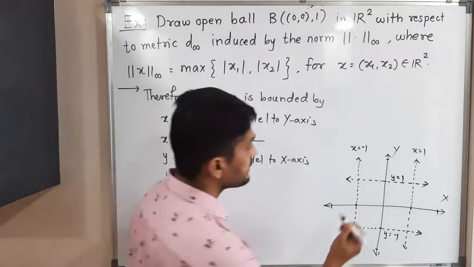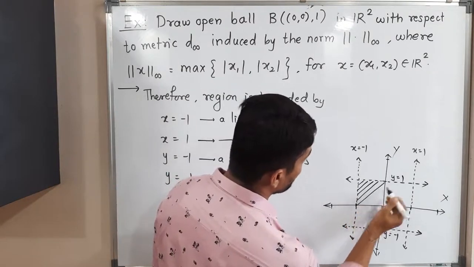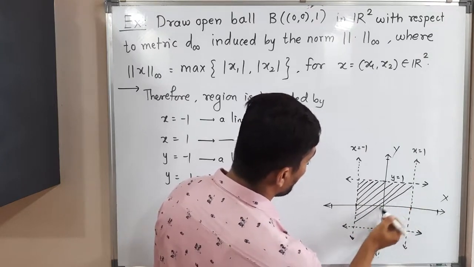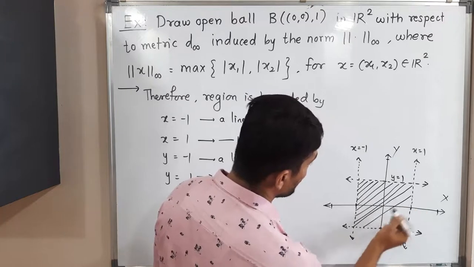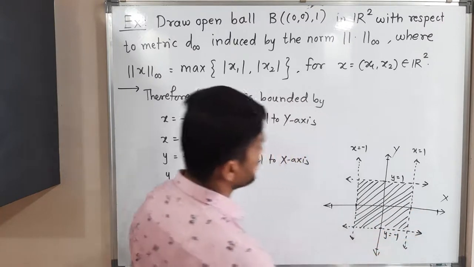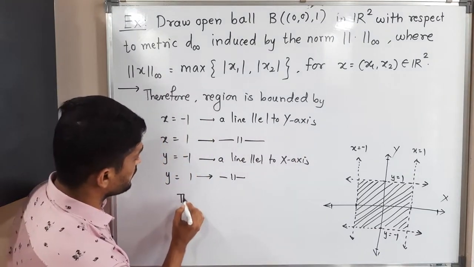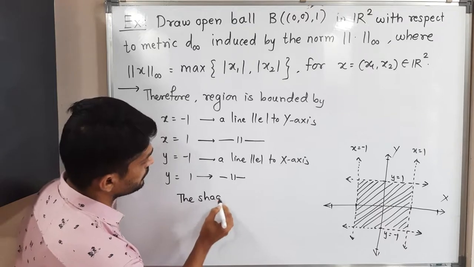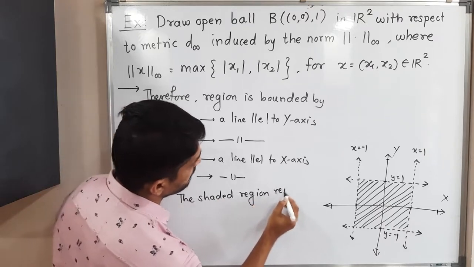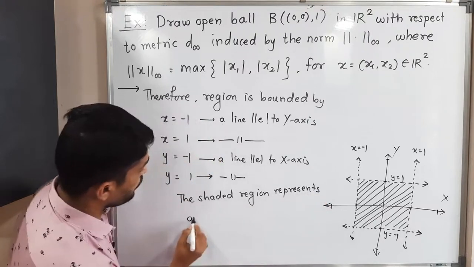Obviously this square is nothing but the required region. So this is the required open ball with center (0, 0) and radius 1. We should mention here that the shaded region represents an open ball.